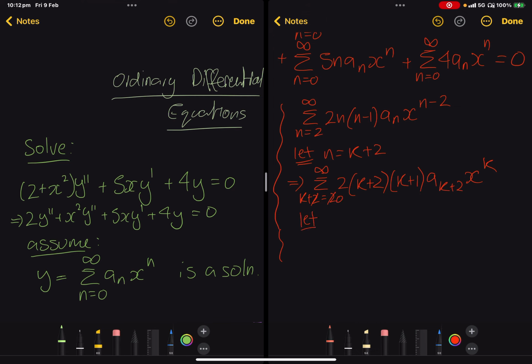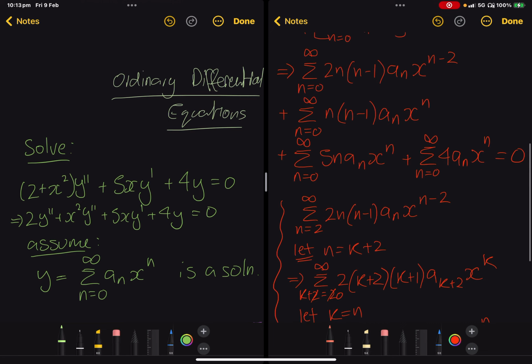And now we are going to let k equal n. This is a slightly strange process, but it does work. So we have the sum from n = 0 up to infinity of 2(n + 2)(n + 1) aₙ₊₂ xⁿ. So now we've shifted this power. Now everything in this expression has n powers, and that's what we want.